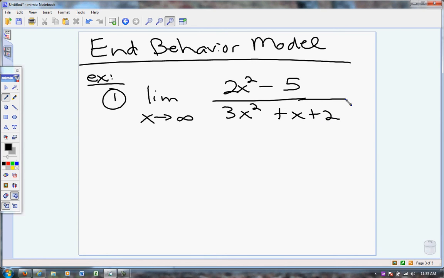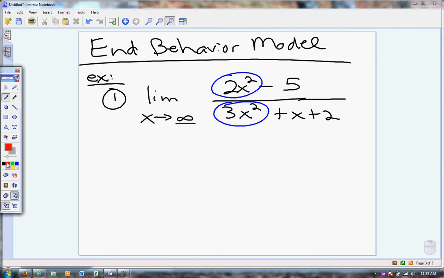If and only if we are approaching infinity. Now, you can't use this trick when you're not approaching infinity or negative infinity. But since we are approaching infinity, then we just learned that as we approach infinity, these two little polynomials act just like the highest power terms.